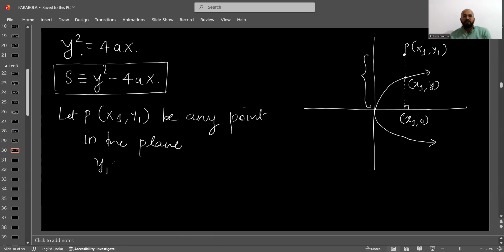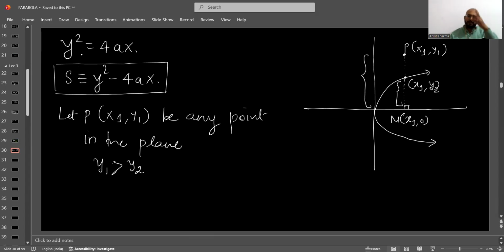Clearly, if you see this distance, y1 is definitely bigger. Y1 is definitely more than, say I'll call this point y2, because this distance is y2 only. Taking this point as M, MP is definitely more than the distance to the point x1 comma y2.